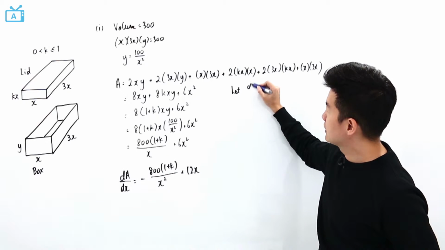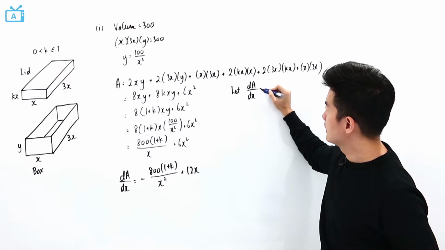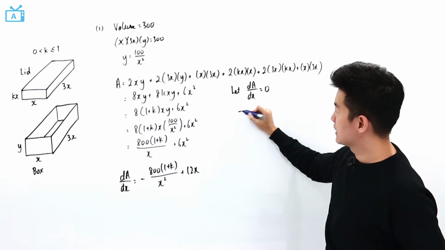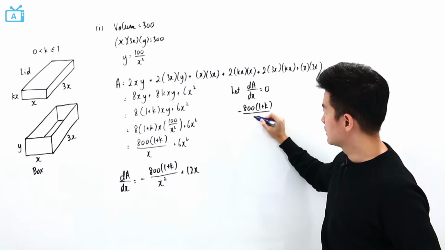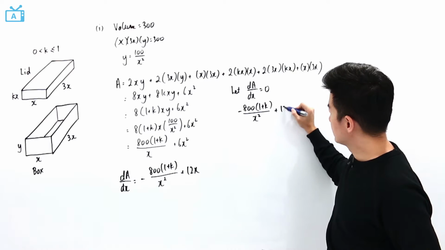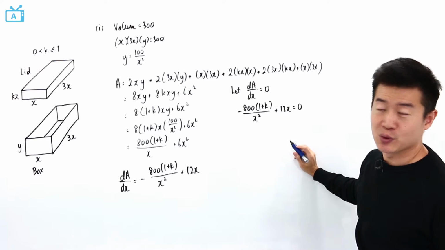So if we were to let dA/dx be equal to 0, which means that minus 800 of 1 plus k divided by x squared plus 12x is going to be equal to 0.